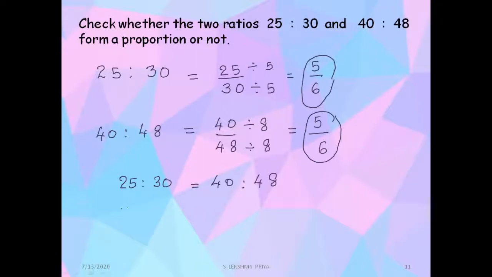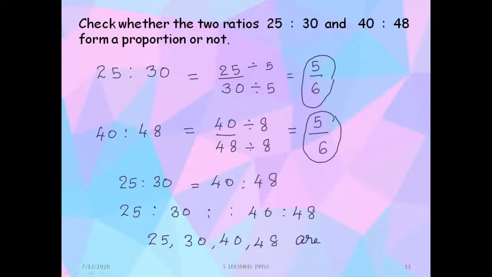Or we can say that these two ratios 25:30 is proportional to 40:48. In another way, the numbers 25, 30, 40 and 48 are in proportion.